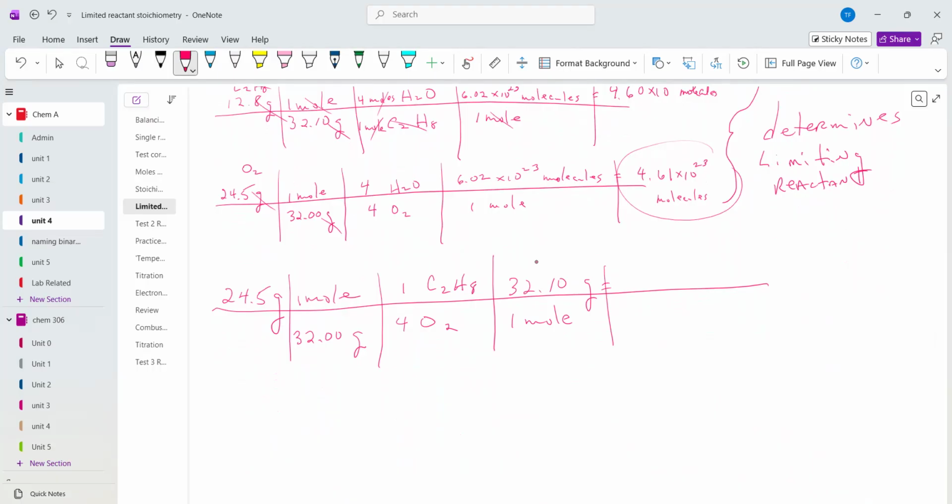The reason why we use molar mass is because we want to end up with grams, so we can subtract that from what we started with. If we convert it to molecules, then we have to convert the molecules to grams. So this just cuts out that extra step. There's enough steps here already.